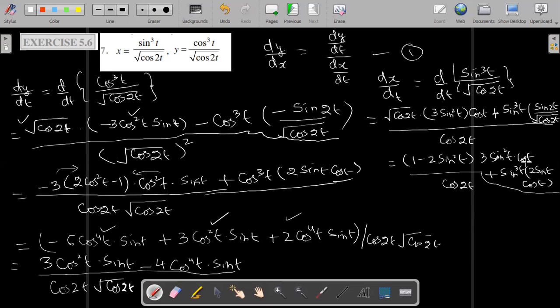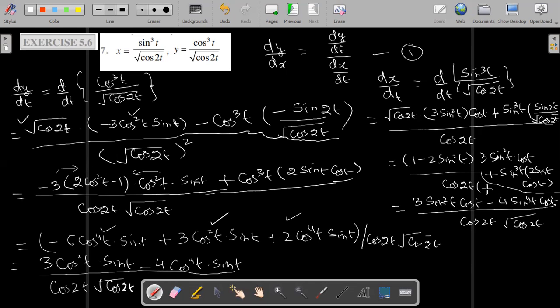Then multiply and solve, and at last you will get the final answer as 3 sin square t cos t minus 4 sin raised to power 4 t cos t, divided by cos 2t under root cos 2t.